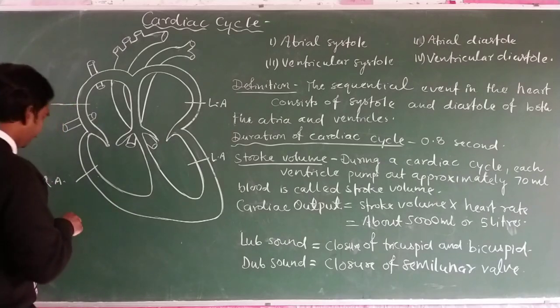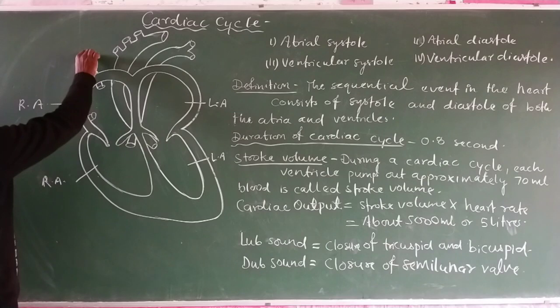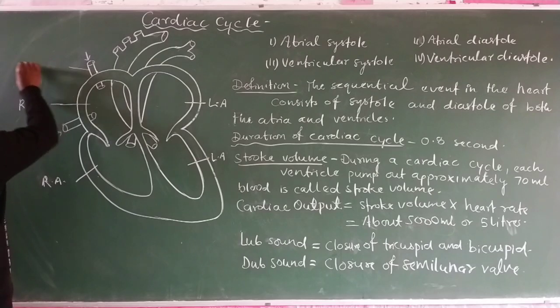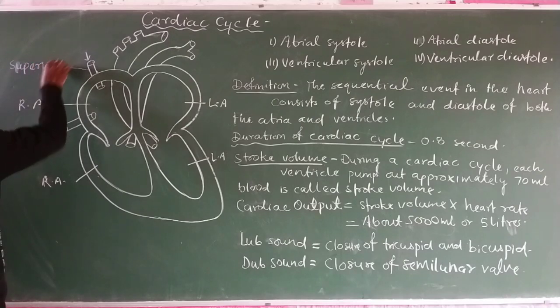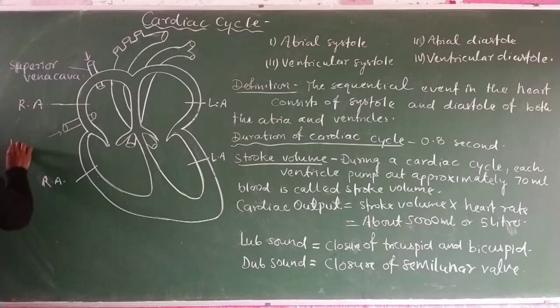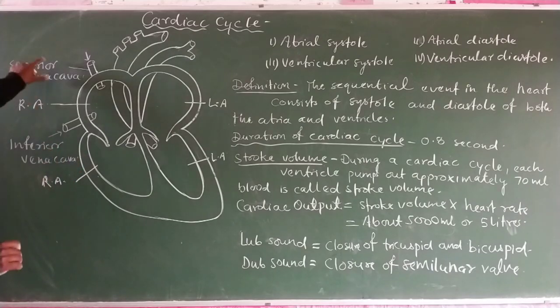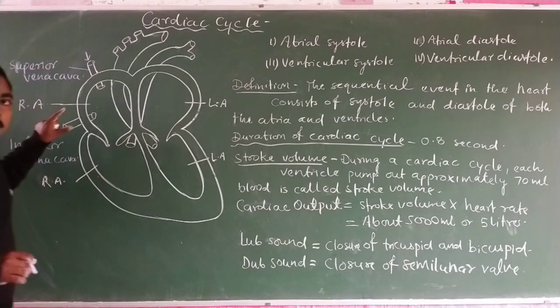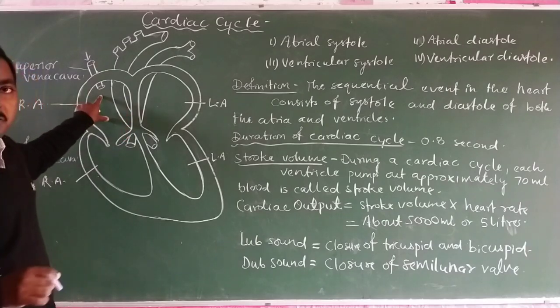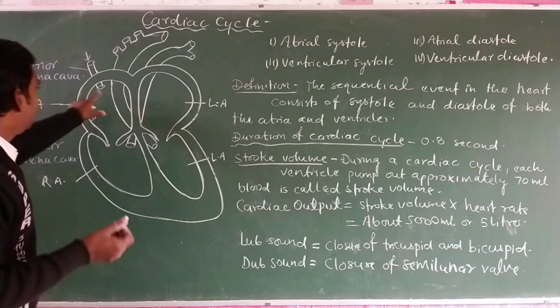Especially the right atrium receives blood through the vena cava, the superior vena cava and the inferior vena cava, which collect blood into the right atrium during the relaxed mode.